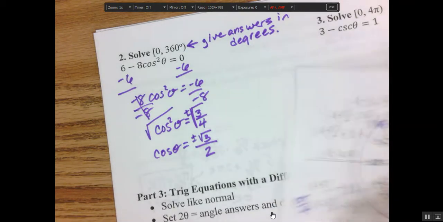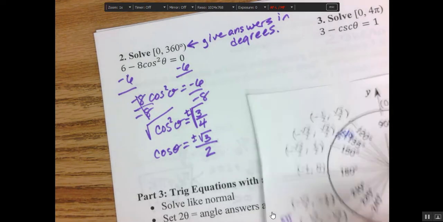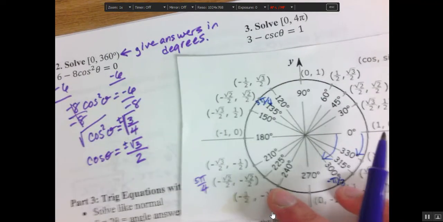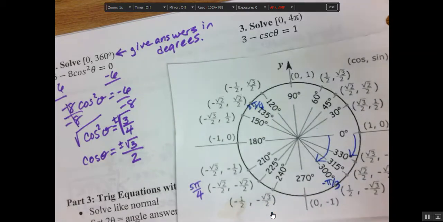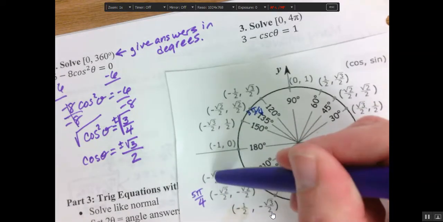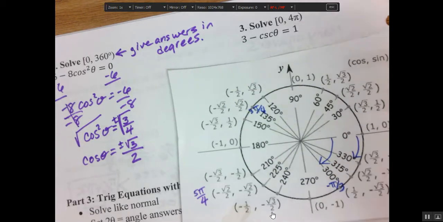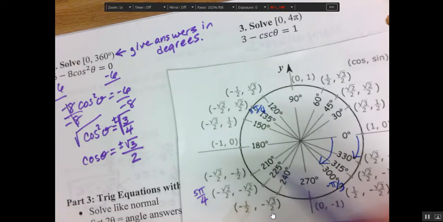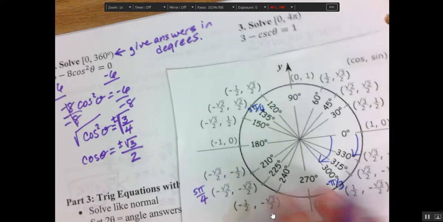There'll be 2 positive answers and 2 negative answers. So altogether, 4 answers. Okay. So cosine's the x. So I've got an answer here, here, here, and over here. And I'm answering in degrees. So I got 30 degrees, 150 degrees, 210 degrees, and 330 degrees.